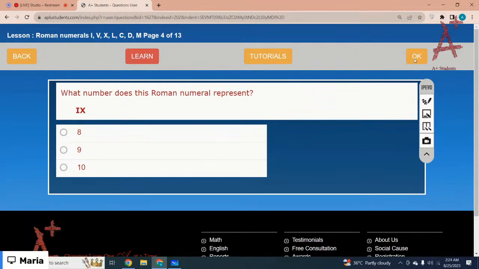What number does this Roman numeral represent? Which is the correct option? 8, 9, 10. I and X. X represents 10, right?